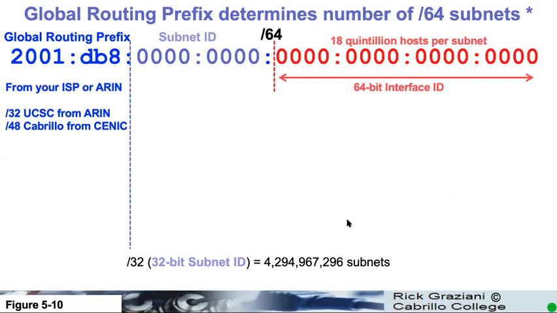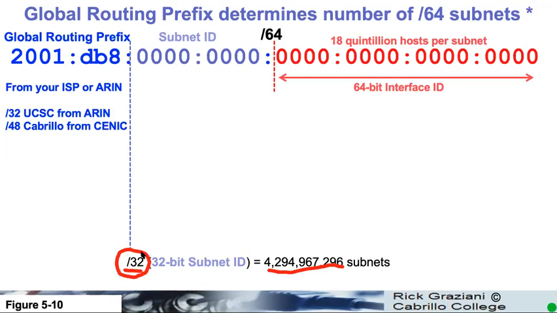But I want you to think about something here. Where have you heard this /32 before? Where have you heard 4.3 billion of something? IPv4, right? In IPv4, 32 bits is the entire address space of IPv4.